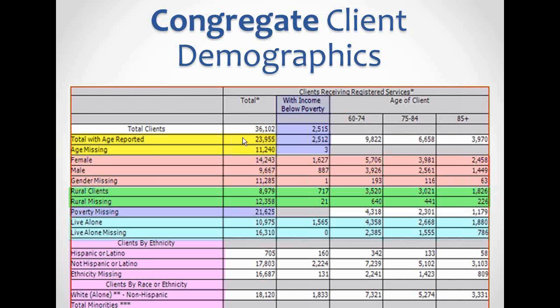So it isn't 23,000. It's actually the number of these individuals here between adding the female and the male. Here you have your rural clients and your rural missing. And again, you have your age breakdown.